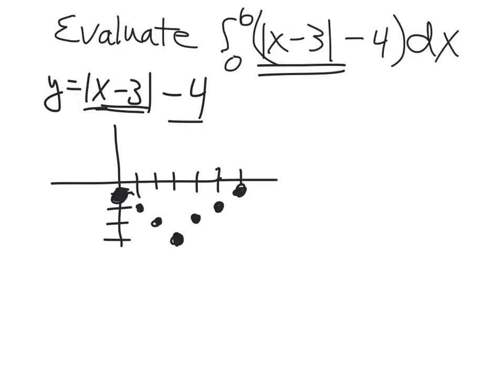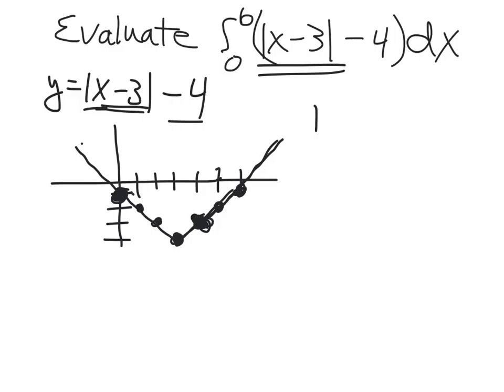If x is 6, yeah, also at -1. So graphing this, we get this V shape. Well, if it doesn't fit, just draw a bigger dot, right? We get this V-shaped graph, and this can kind of help us see what we're going to have to do. We're really going to have to split this up into two parts.